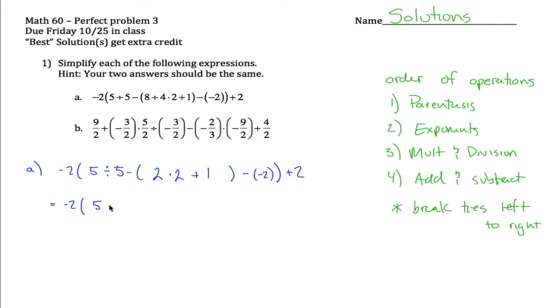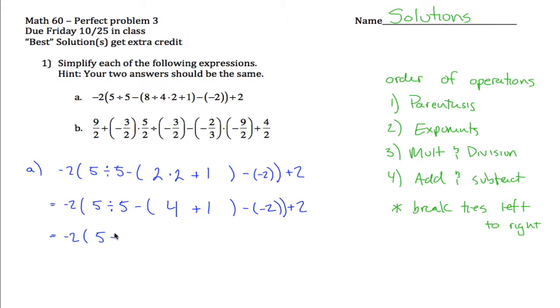Probably could have done more than one step in that first step, but in the interest of showing what I'm doing as much as possible, I will just do one at a time. So now inside these innermost parentheses where I'm still working, I have multiplication and addition. But we do multiplication before addition, so 2 times 2 is 4, and then 4 plus 1 is 5.